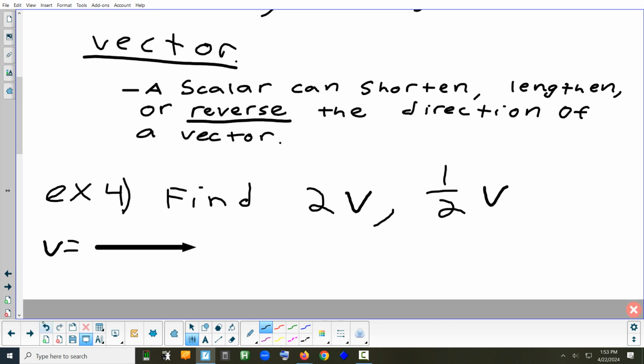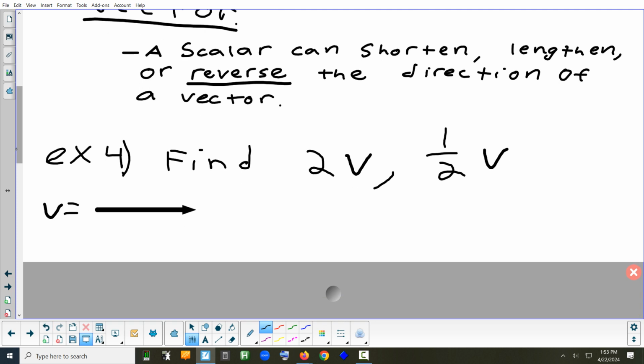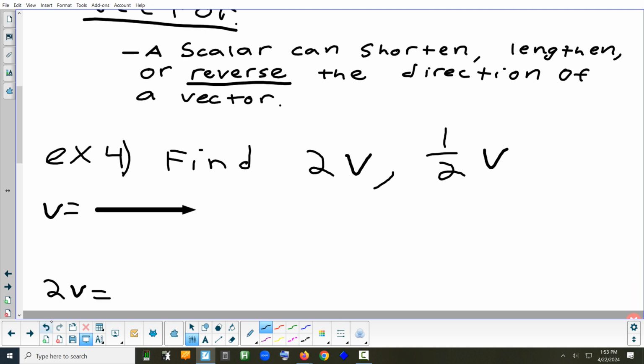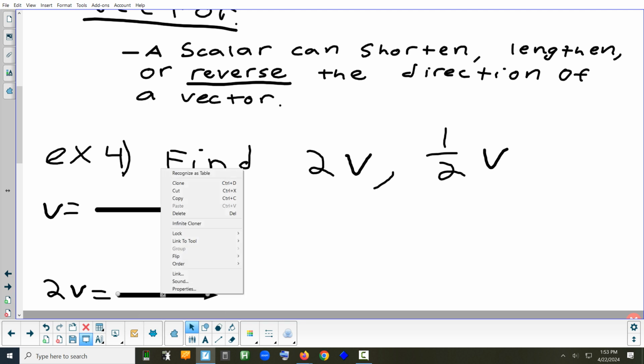So let's try an example now. So here's the vector v, and they want me to find 2v. How could I get 2v without measuring or using a ruler? Just using the smartboard. Copy and paste it with the same image. Yeah, just copy and paste 2 of them together. That's 2v. So here's v. Put another one with it.